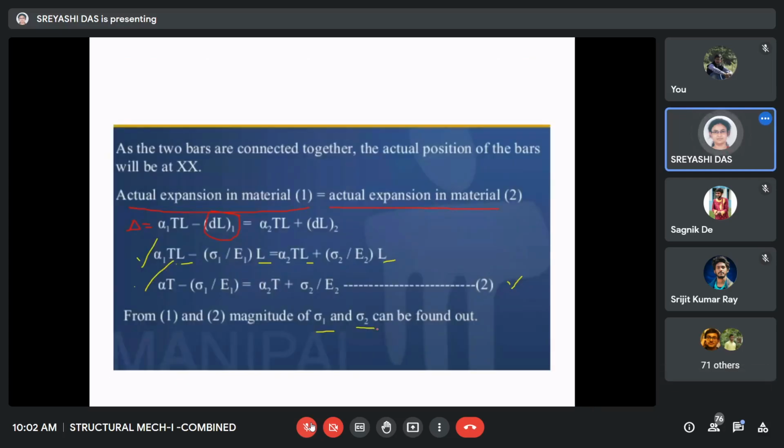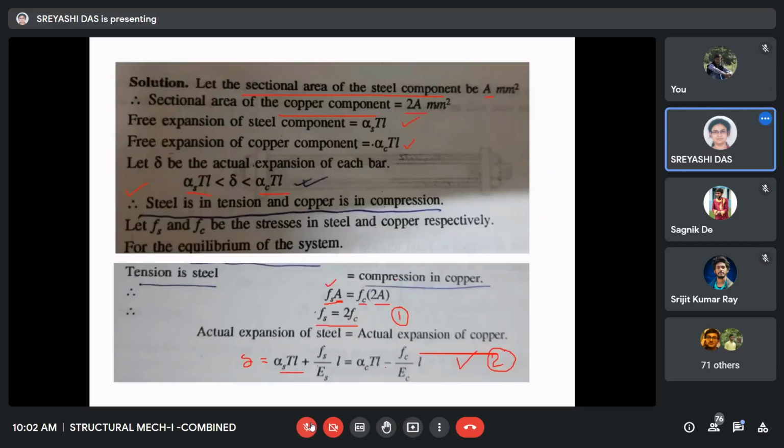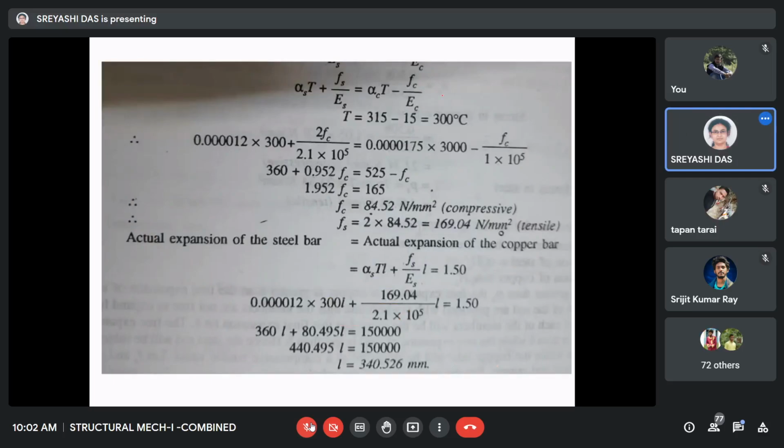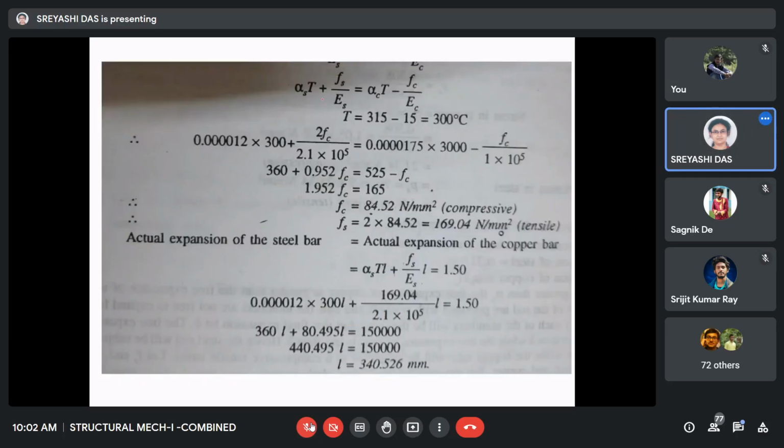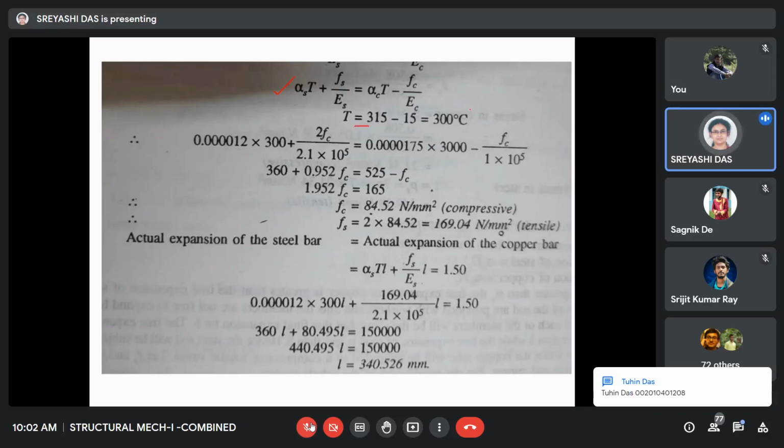So this thing you can see. I have applied this equation. From equation number 1 and equation 2, we are just solving this. Now you see, for all these cases, small l cancels out. So we are getting this. Here, capital T, that is the change in temperature, is 300 degrees centigrade.